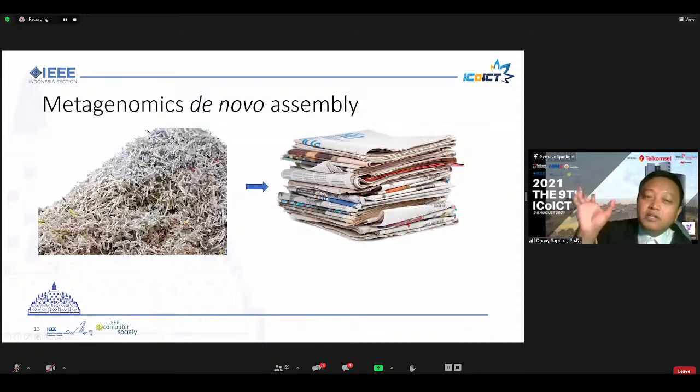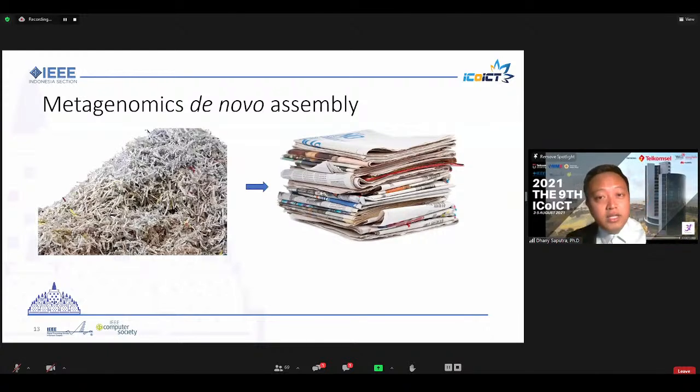As I said before, it's a lot of stretches. And what de novo assembly does is basically change these stretches back into a newspaper. So it's a very difficult job, and this is what a bioinformatician does. And instead of only one paper, this is a collection of a lot of newspapers, and we have to reconstruct a lot of different newspapers from a lot of stretches.